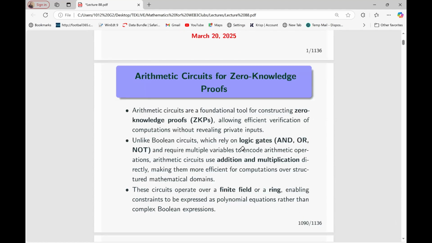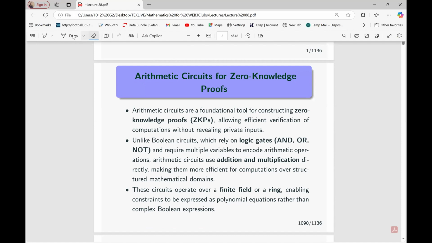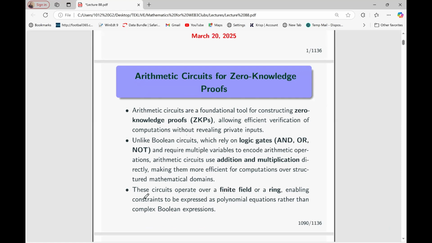Now, we had already talked about finite fields. We've looked a lot at finite fields and the rings, and we are saying that these circuits are on a finite field. And our inputs will be expressed as polynomials. We also looked at polynomials.